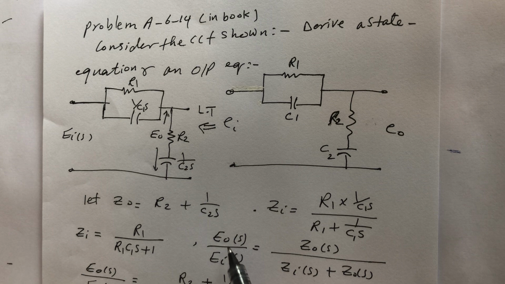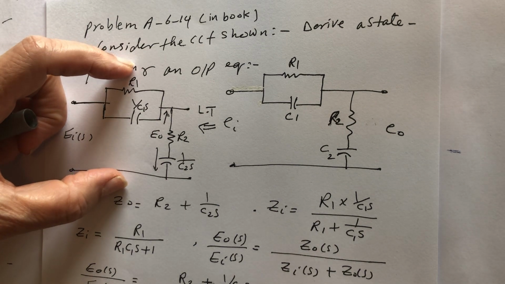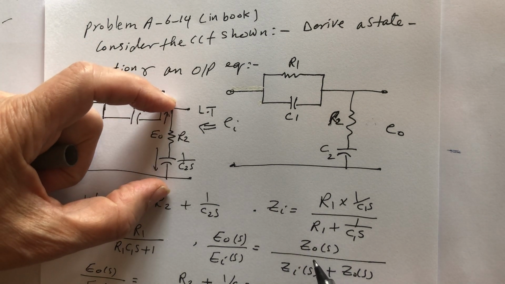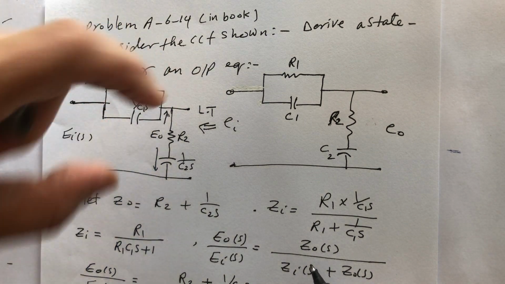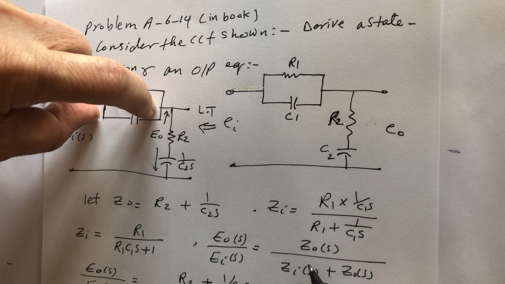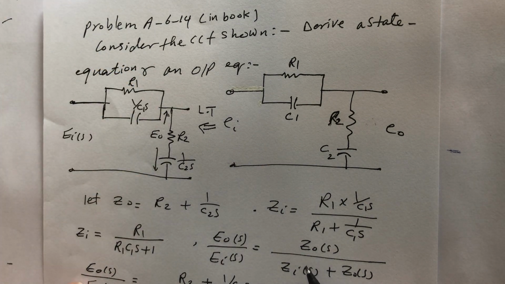So then E out over En, remember, I put the law. E out over En in such cases, okay, equals Z out over Zn plus Z out. Zn plus Z out is the total impedance. This is like a law. If you remember it, it will be useful to you.